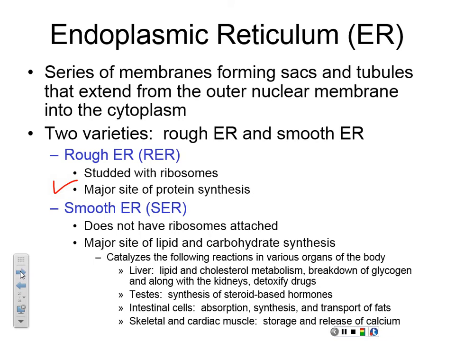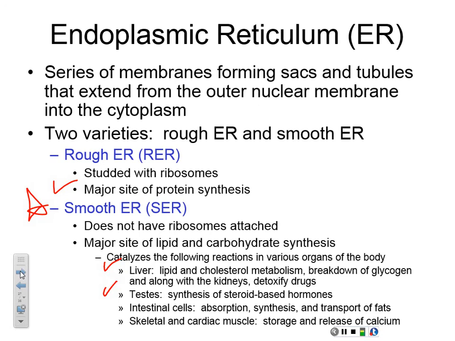The only function that doesn't have anything to do with lipid and carbohydrate synthesis is in the muscle, in the cardiac muscle, where it just stores the calcium. The rest of the other functions have to do with either the lipids or the carbohydrates, which is the major function of that. So, you've got to know the liver, and then in the testes, production of the lipids, which are testosterone, right?